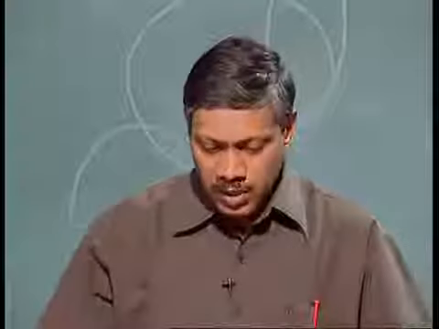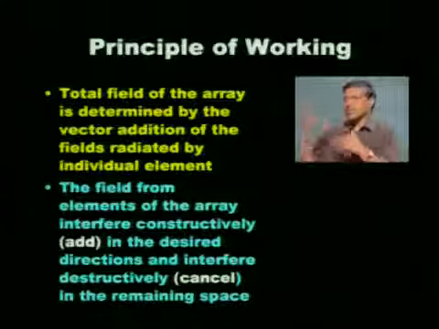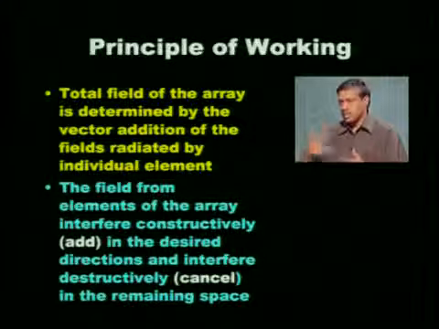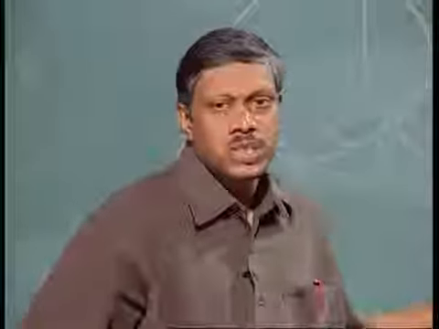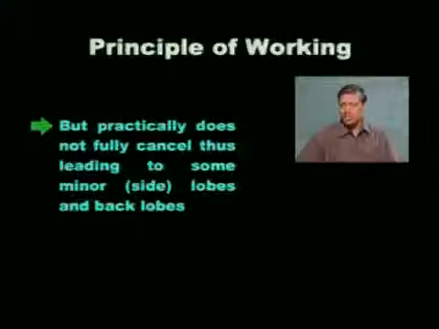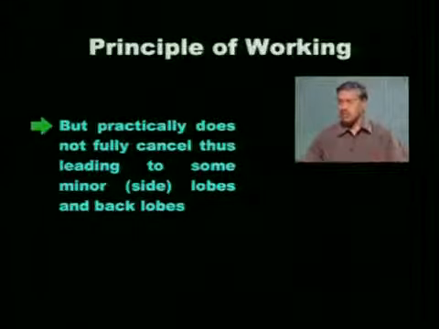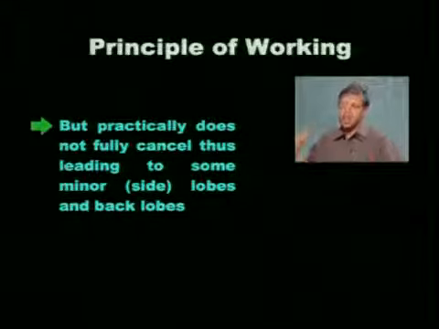So, the principle is nothing but adding the field at the point of interest and cancelling the field at the point where it is not required. As I already told you, practically you will have some side lobes as well as a back lobe, because it is not fully possible to cancel the total signal in the unwanted direction.